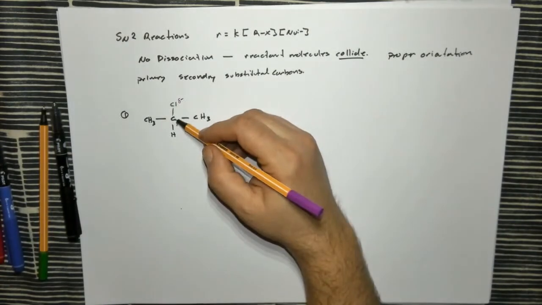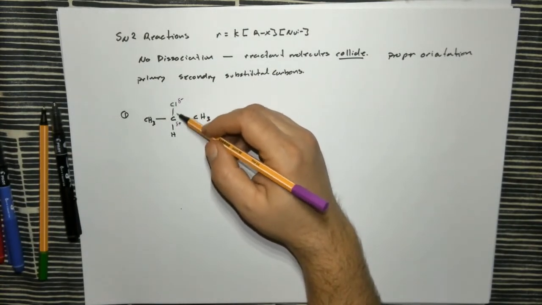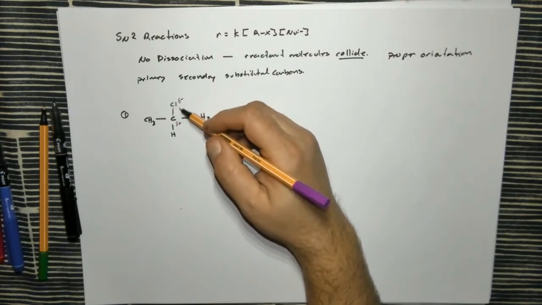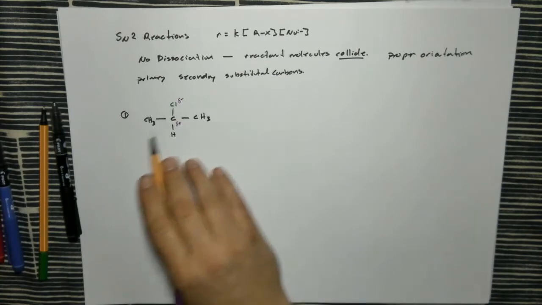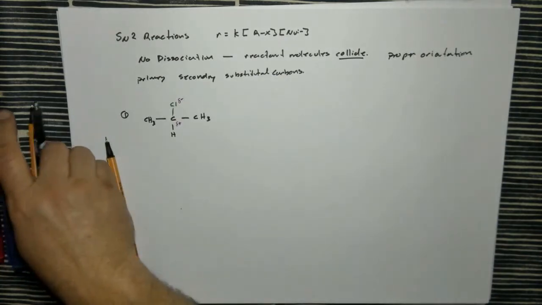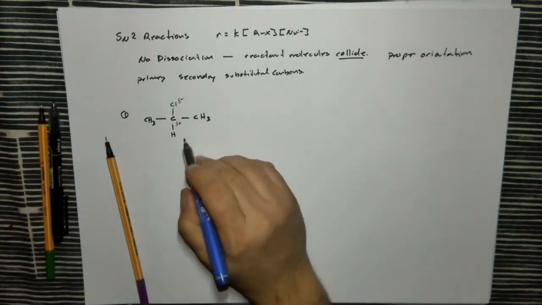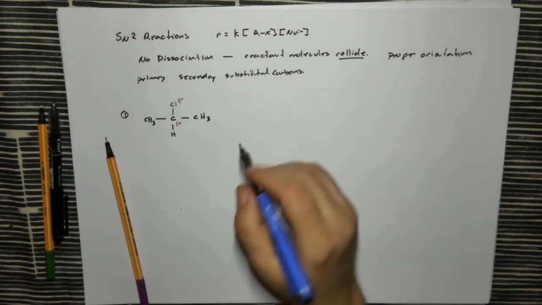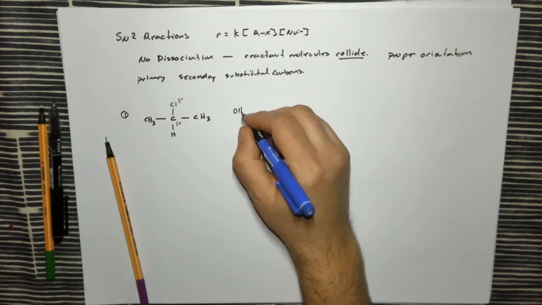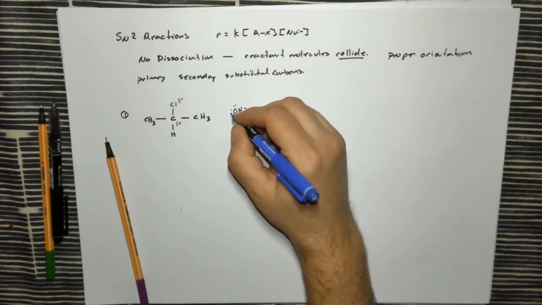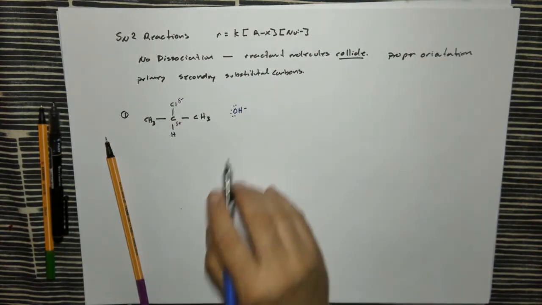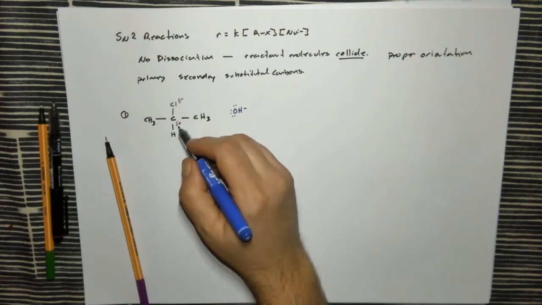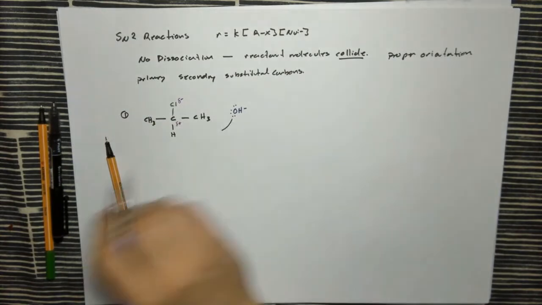The polarity is due to the electronegativity difference between chlorine and carbon. Chlorine is attracting the electrons to itself, and therefore becoming negative. In this particular reaction, because this carbon is slightly positive, the nucleophile, which again is going to be this OH minus, is going to be attracted to this positive charge. So the nucleophile is going to be attracted to the positive charge, as the name implies.